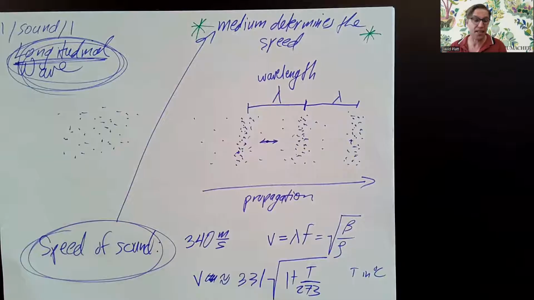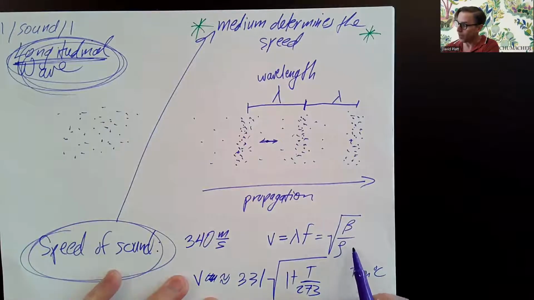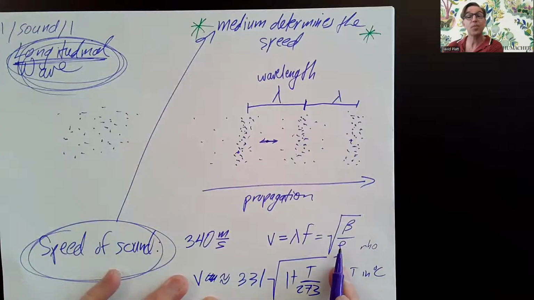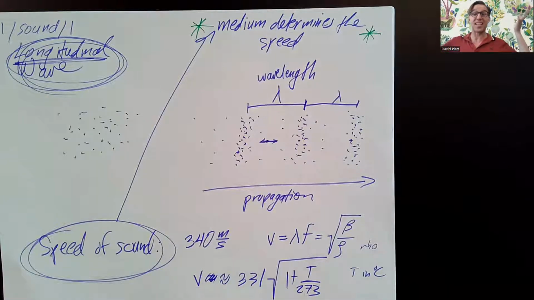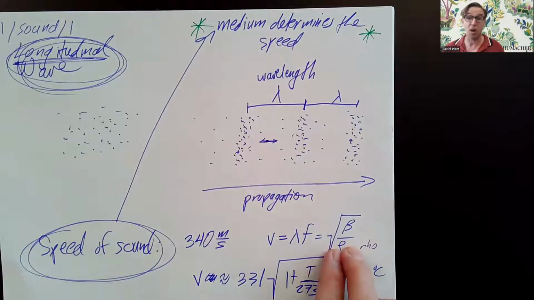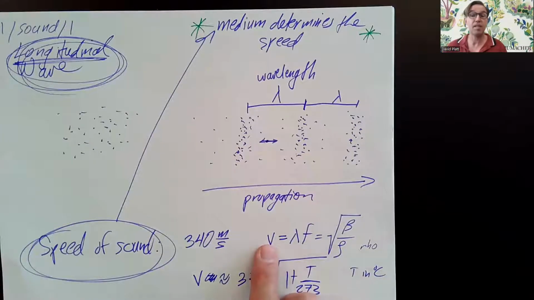Now, there are other things that are relevant. For example, this rho right here, the Greek letter rho, has to do with the density of the air. Maybe you know it, maybe you don't, but at higher elevations, the air is less dense. So if the denominator here is small, that might tend to make the speed faster.